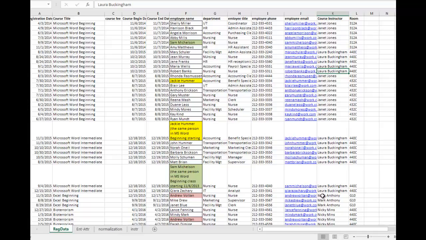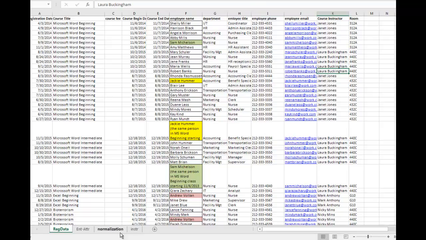Well, let's say we want to list instructors' names in alphabetical order by last name. Because it was entered as first name first, it would be impossible to sort the course instructors' names by last name in alphabetical order. So we need to break that.